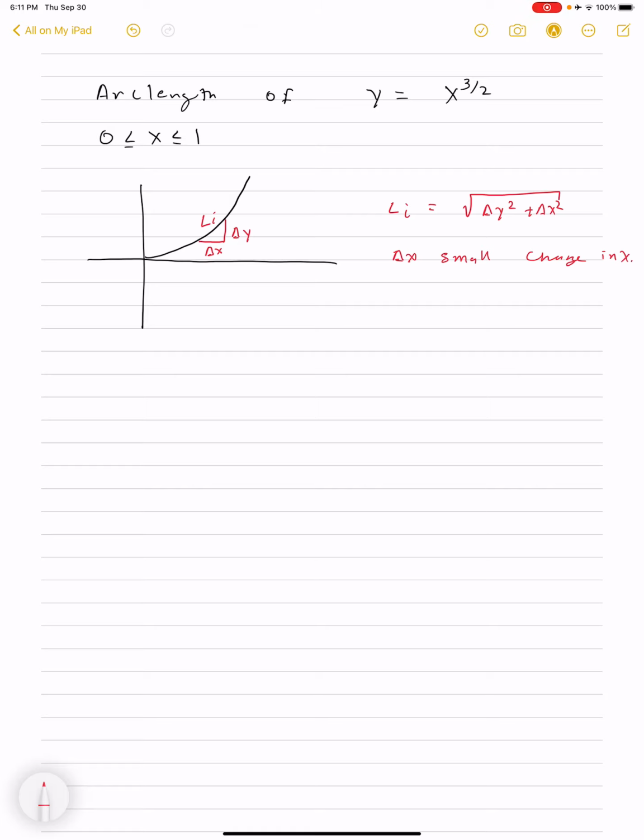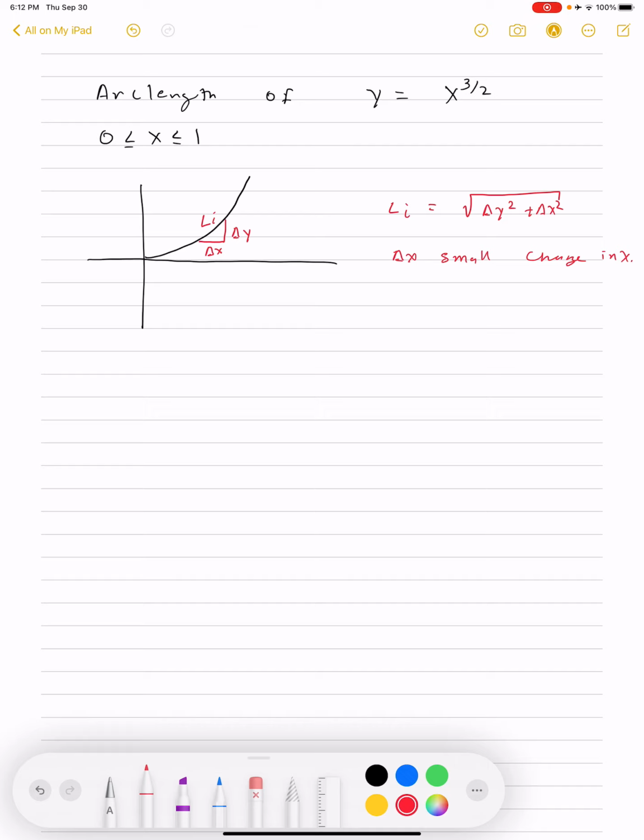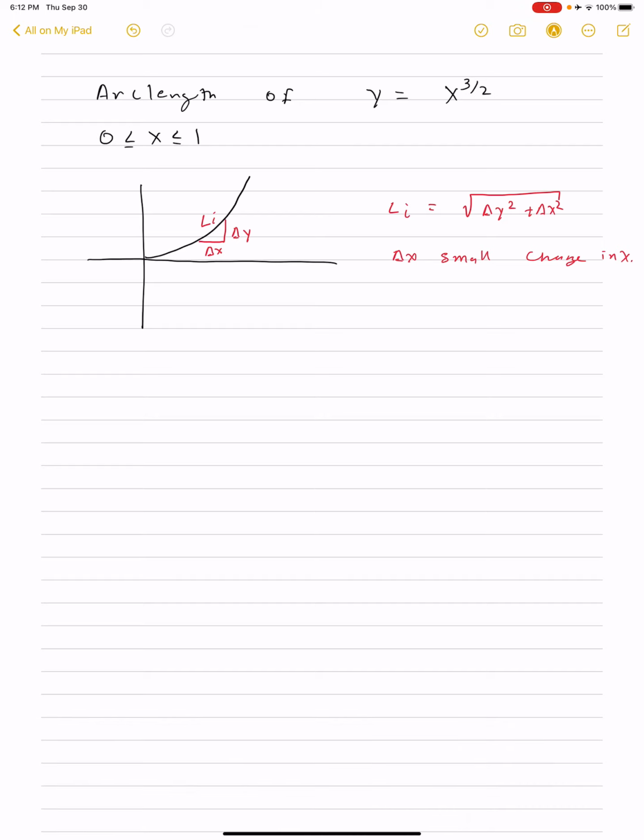Another way of representing this formula for L sub i would be the square root of (delta y over delta x) squared plus 1, times delta x. So there's a little algebra there.